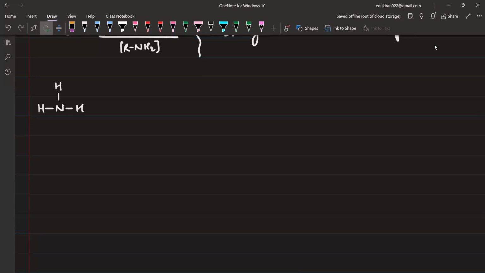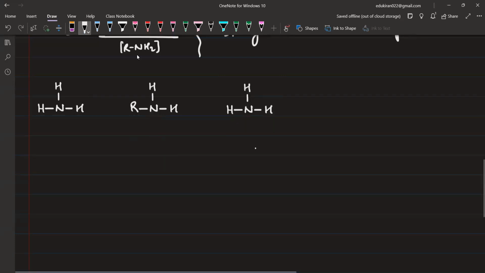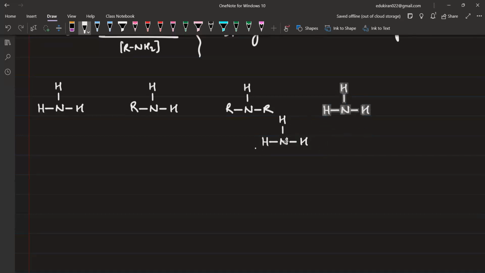Next, primary amine which has one alkyl group. Then we will have secondary amine which has two alkyl groups. And then you have the tertiary amine which has three alkyl groups on it.